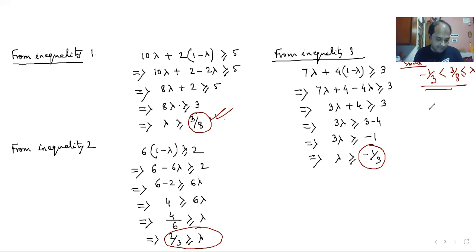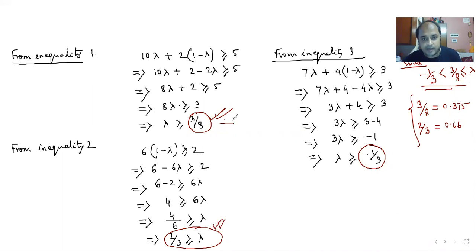In decimal representation, 3 by 8 is 0.375, and 2 by 3 is 0.66.